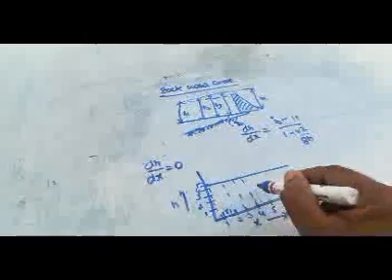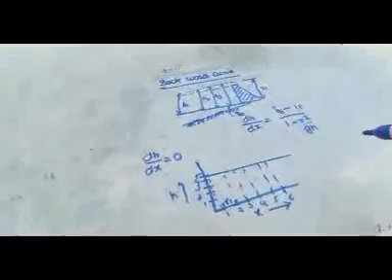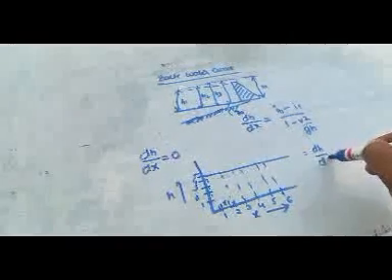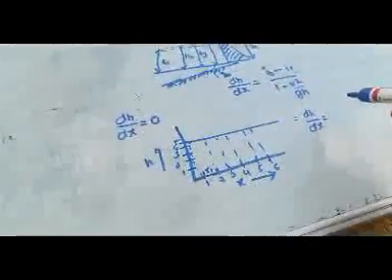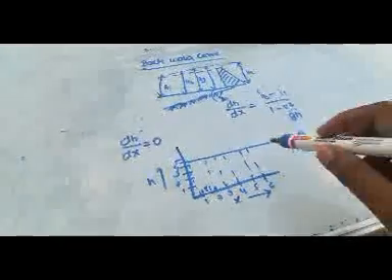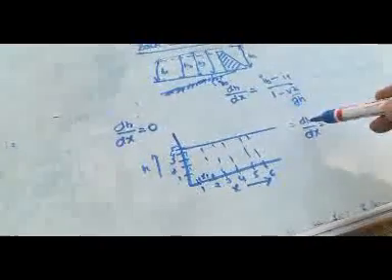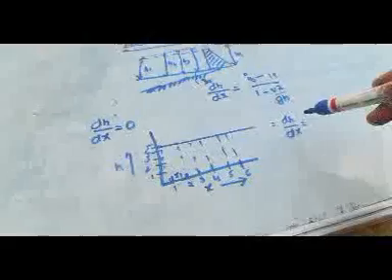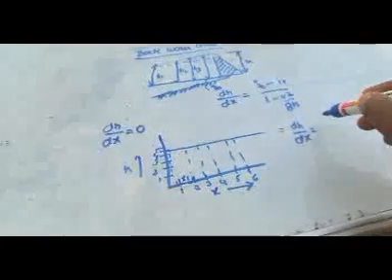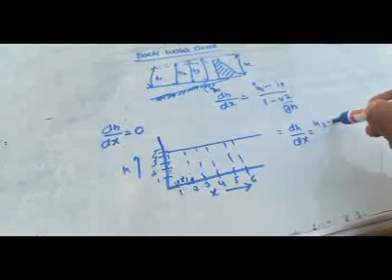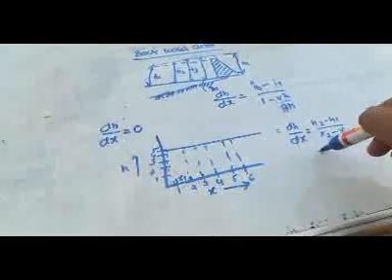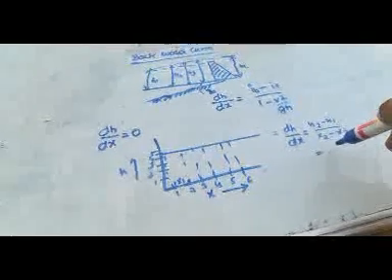So dh by dx, the change of x, means change in length for unit distance. dh is the height, for unit distance how much will it change. So dh by dx means h2 minus h1 divided by x2 minus x1.